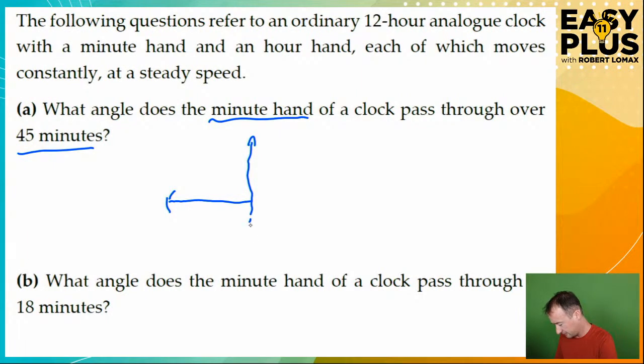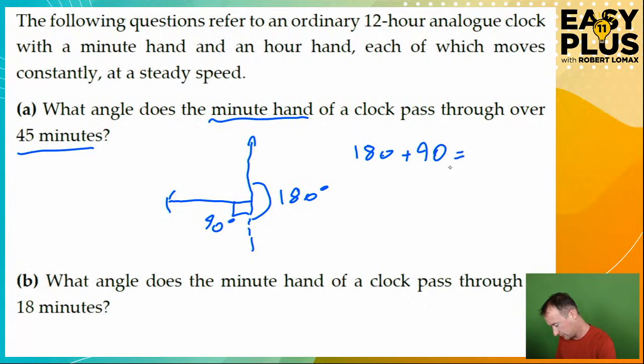So we can see that it passes through 180 degrees here, and another 90 degrees here. So we add those together, 180 plus 90 equals 270 degrees. And it's as simple as that to get us started.